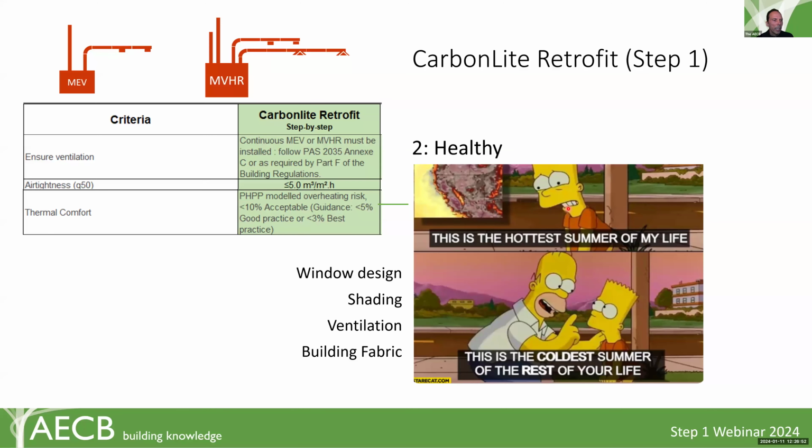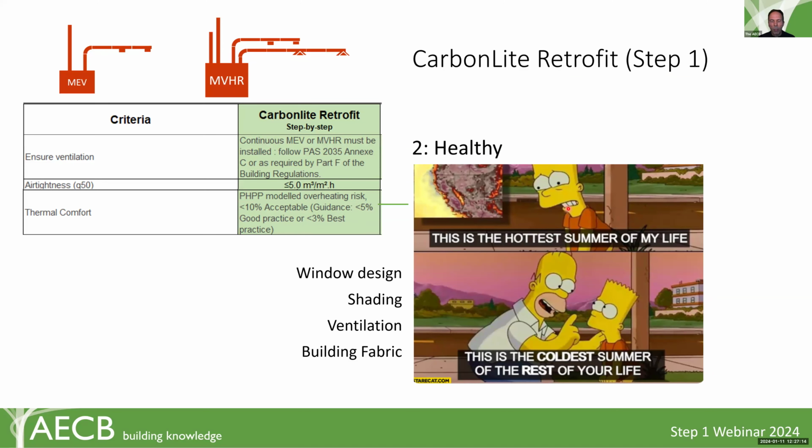The next thing is the summer comfort. And the summer comfort is affected by a few things: the window design, the shading, the ventilation, and the building fabric. So it's a collection of lots of things, really. But it's an important aspect of the design, and we really don't want to have too much overheating.